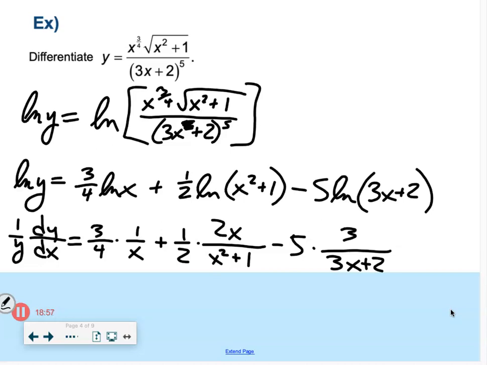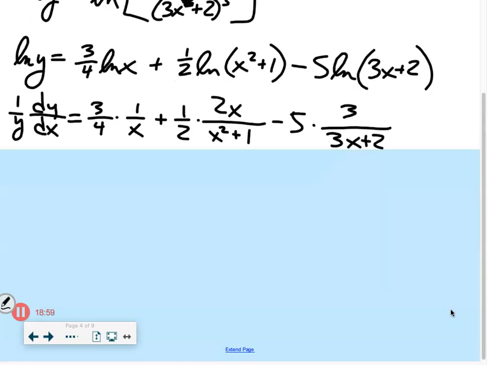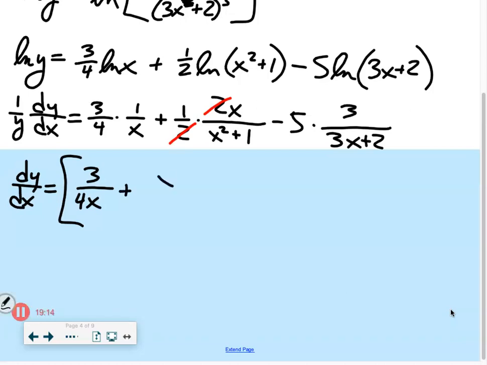All right. So now we have dy dx. I'm going to skip a step, and I'm just going to kind of clean this up. 3 over 4x. I'm going to kill the 2's. You don't have to, but I am. So we have plus x over x squared plus 1 minus 15 over 3x plus 2.